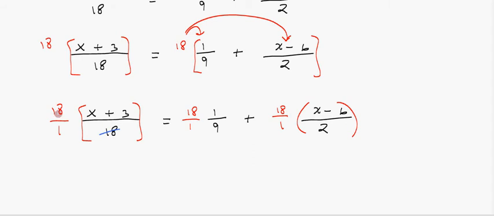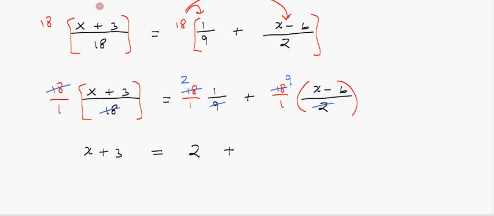Now on the left side, the 18 cancels. So we have x plus 3 is equal to, now over here on the right side, 9 goes into 18 two times. So we have 2 plus, and then we also have this, 2 goes into 18 9 times, but that 9 still has to distribute through the parentheses.